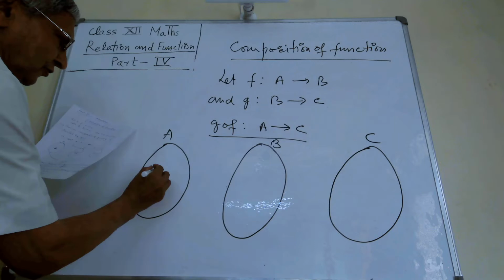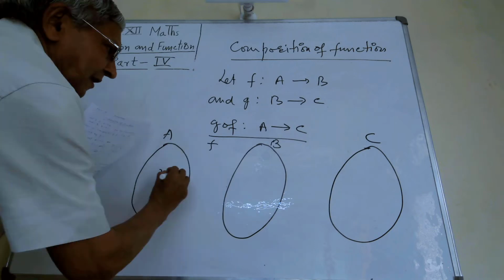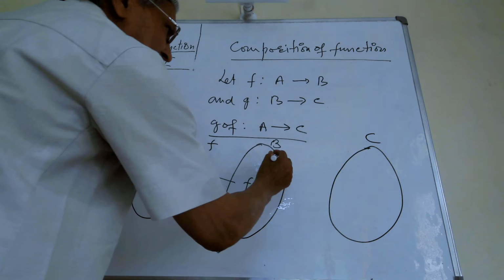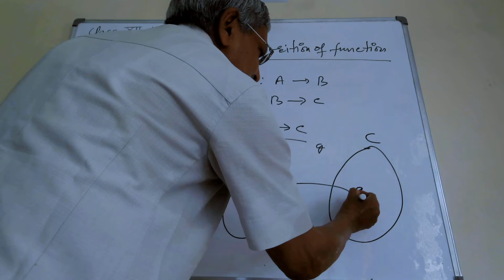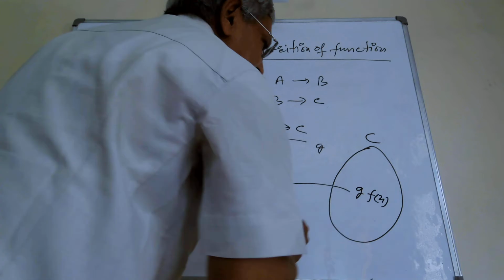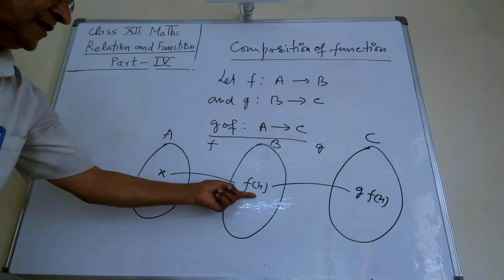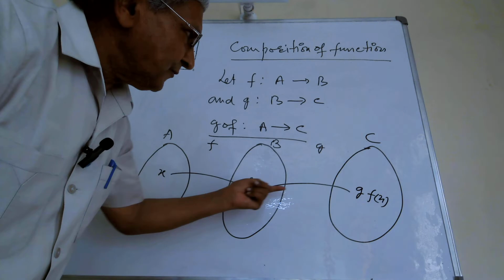From A to B, x under f has image f(x). From B to C under g, the image is g(f(x)). Here you see x, image f(x). Here f(x) is an element of B. Then under the g function, the image of f(x) is g(f(x)).